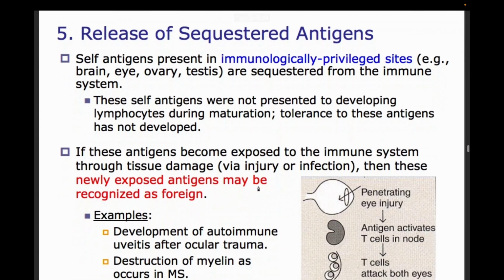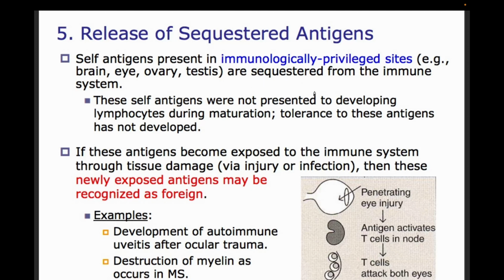Number 5. Release of sequestered antigens. Self-antigens, for example proteins, are things found in immunologically privileged sites. What are these sites? Where immune supervision and surveillance is not present, like the nervous system, particularly the brain, the eye, the ovaries, and the testes.